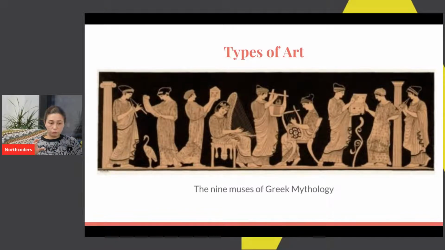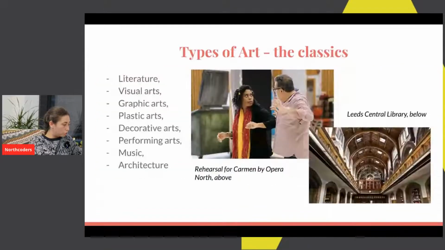There's a few different types of art that I would like to mention as I was digging around. This concept of different kinds of arts has originated since the dawn of humanity, and I've included here an artwork of the 9 muses within Greek mythology. The definitions of how many arts there are vary depending on who you ask.